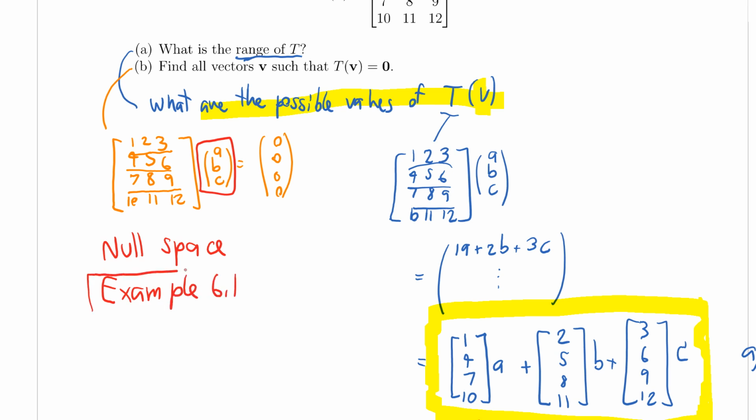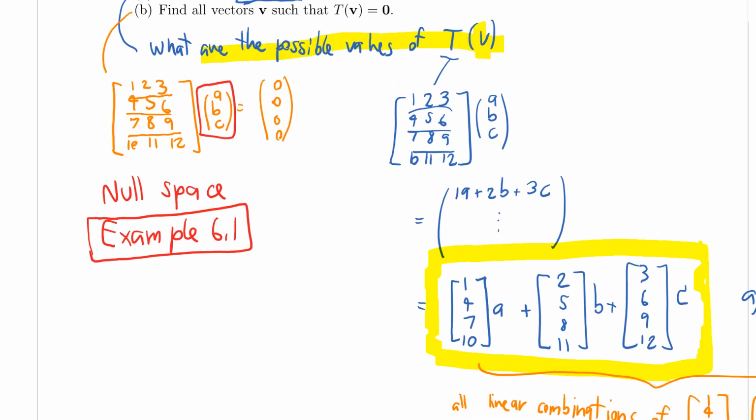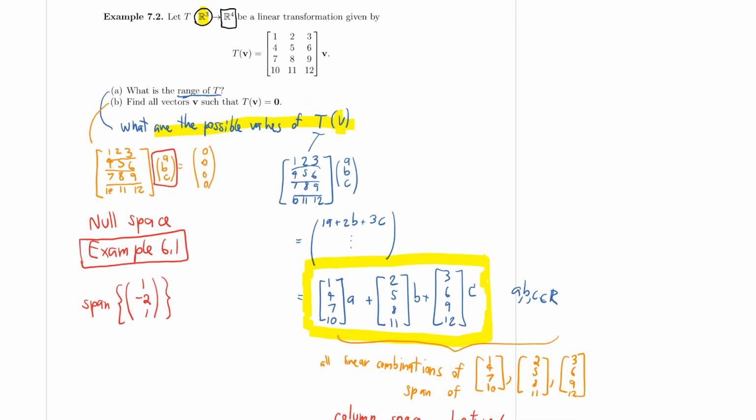So once again, I'm just going to write down the answer. All the vectors v such that T of v is equal to 0 is just the span of one single vector, so it's a linear multiple of 1, negative 2, and 1. So that's example 7.2 here.